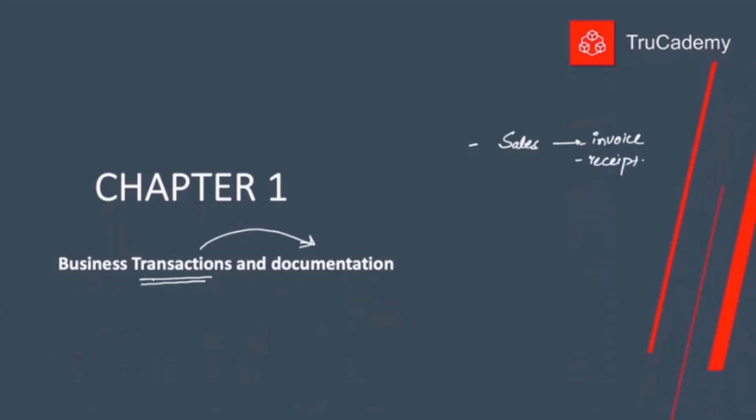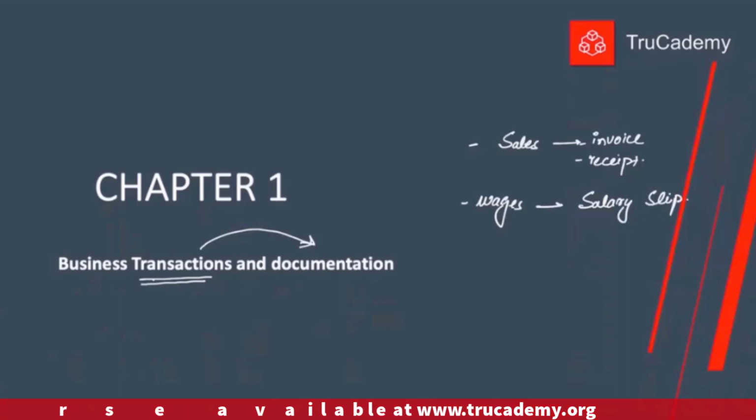Then when you are paying wages and salaries to your employees, you might need a document like a salary slip, and so on. So what are the transactions that a typical business might perform, and what documents do we need to record those transactions? That is what we'll look at in chapter number 1.